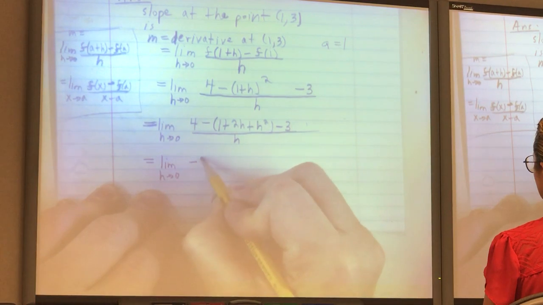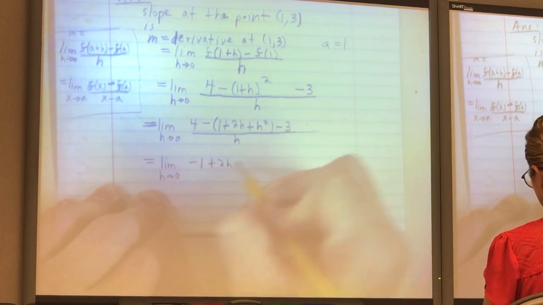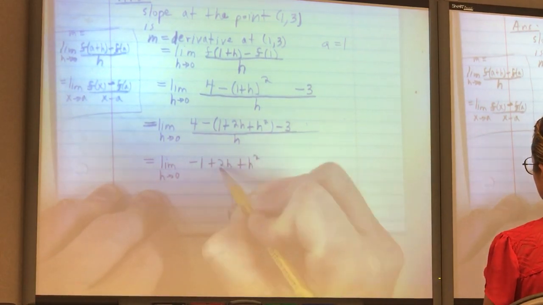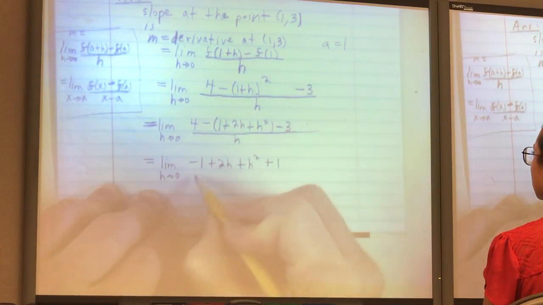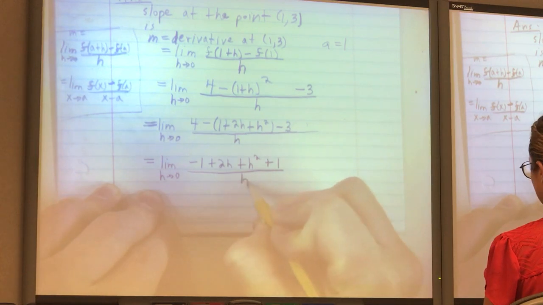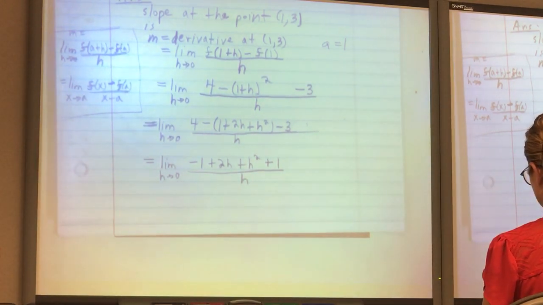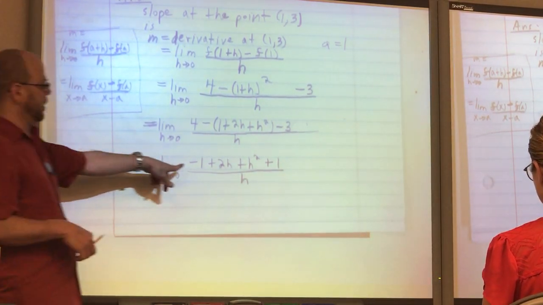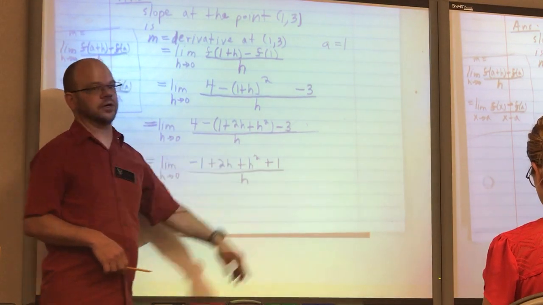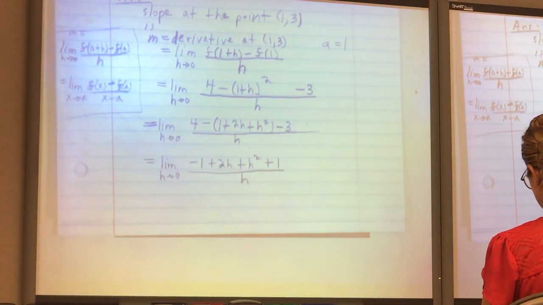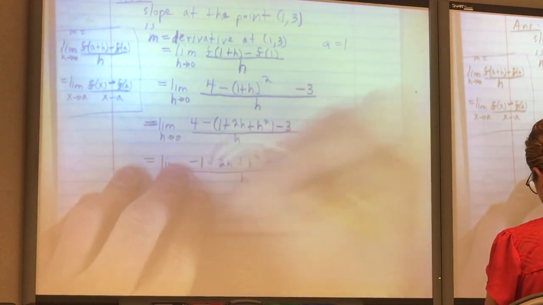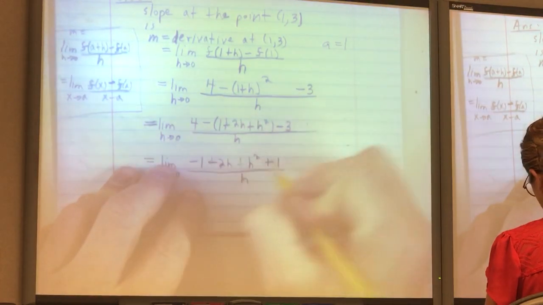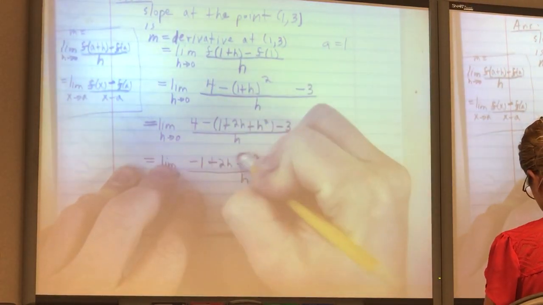And then I have a minus 1 plus 2h plus h squared, and then 4 minus 3 is 1, so I'll put the 1 there, over h. And then the 1's cancel. And I have a minus 1 plus 2h plus h squared plus 1. Shouldn't the subtraction sign go to all the terms? Yes, you should distribute that. Oh, thank you. It's a minus there and minus there. Minus and minus.